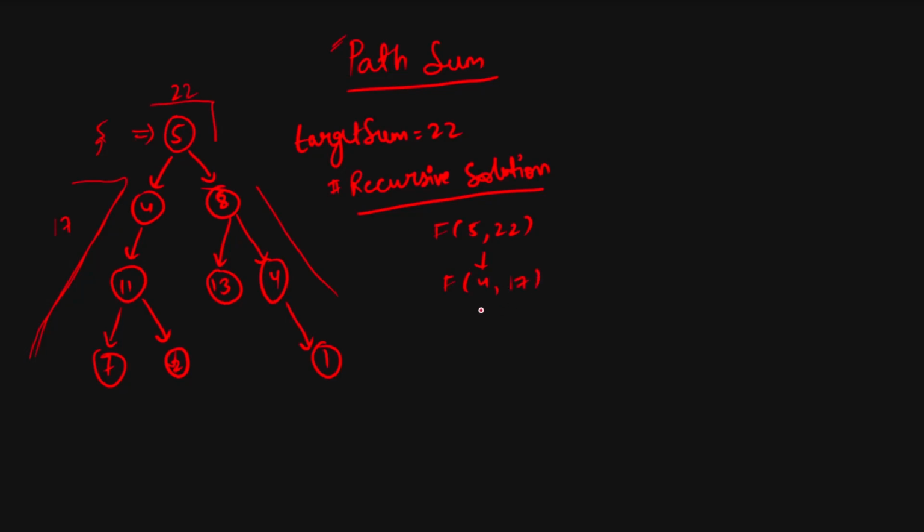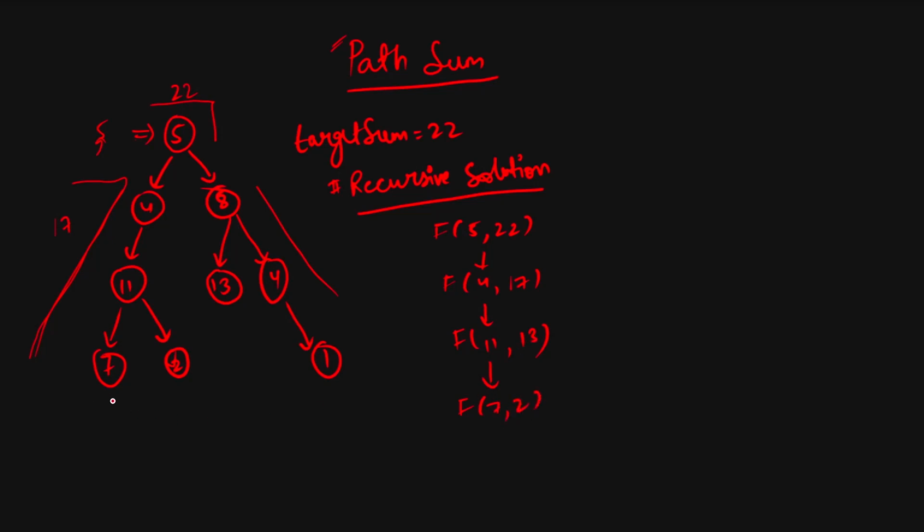Then it will call its children, 11, with target sum 17 minus 4, that will be 13. Now it will call its children, 7 and 2, with target sum 13 minus 7 giving 6.